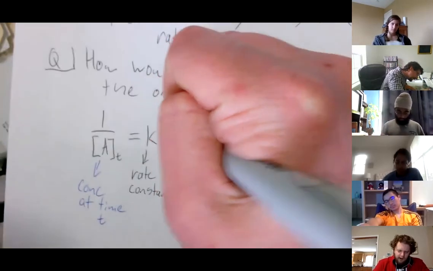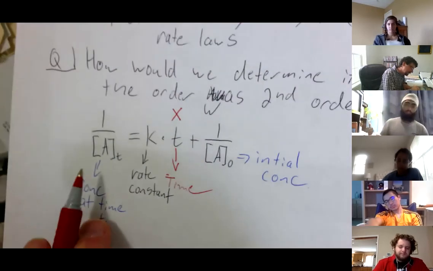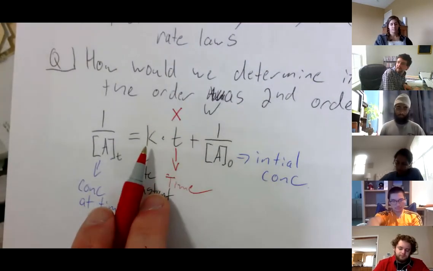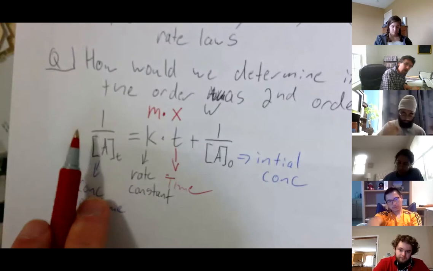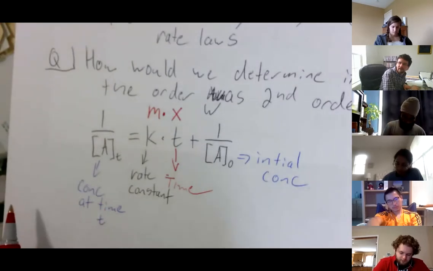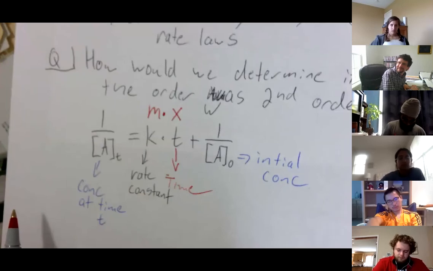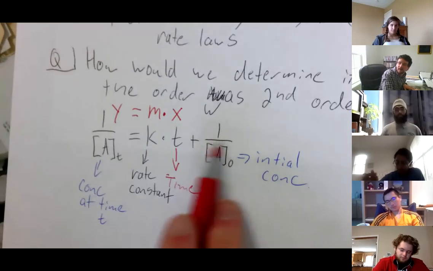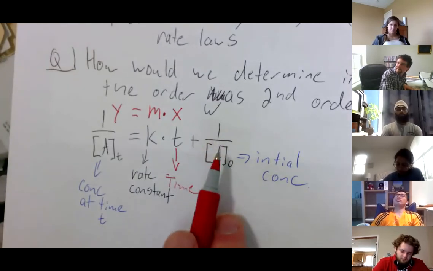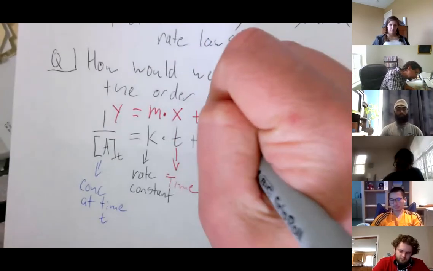Yeah, this is x. What's k then? m, or slope. What's my y then? 1 over A at time t. And then what's this guy here? b. Yep, b, that's your intercept.